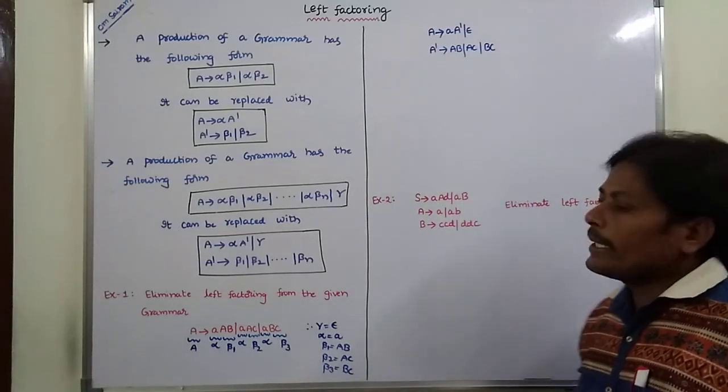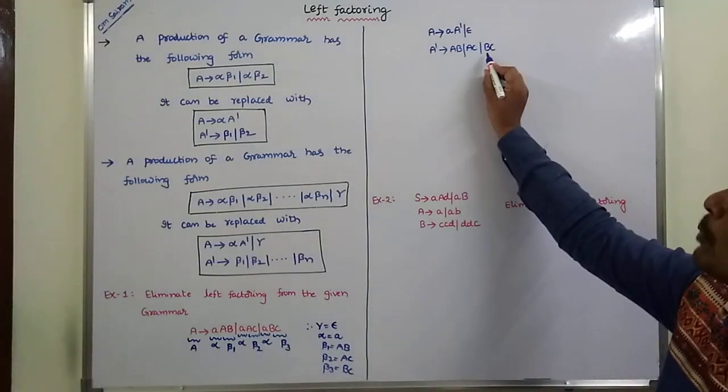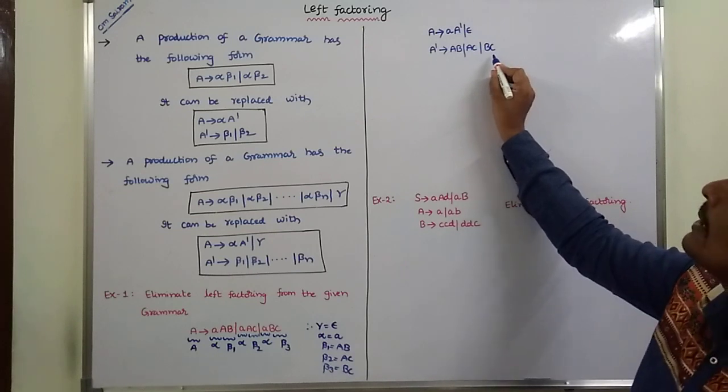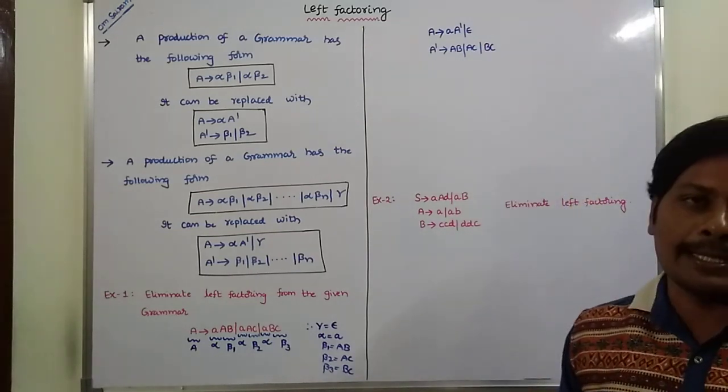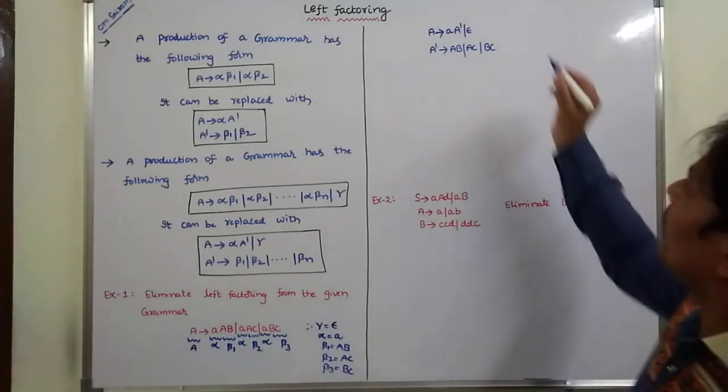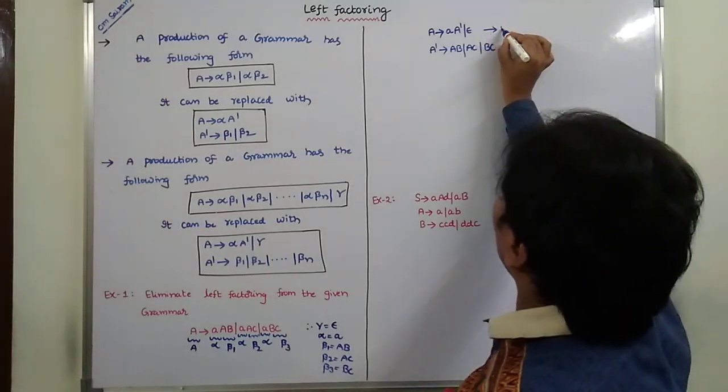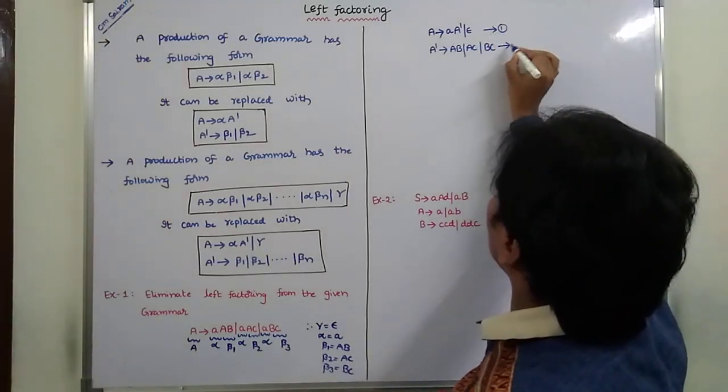Okay. Now, observing this production, there is a common prefix. Here this is 1 and this is 2.